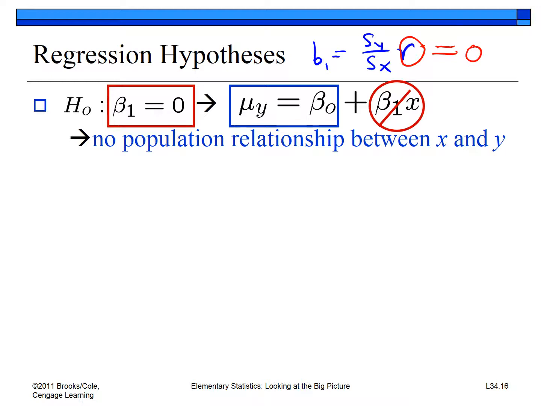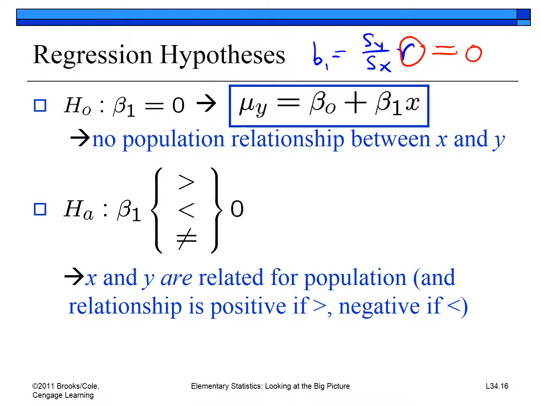So sometimes you will see that null hypothesis framed that way, that r equals 0. The alternate hypothesis might be one of three things. That the population slope is greater than 0, less than 0, or just different from 0. Another way to say that is that x and y are related in the population. If we choose one of the first two alternate hypotheses, we might also be able to say that the relationship is positive or negative.